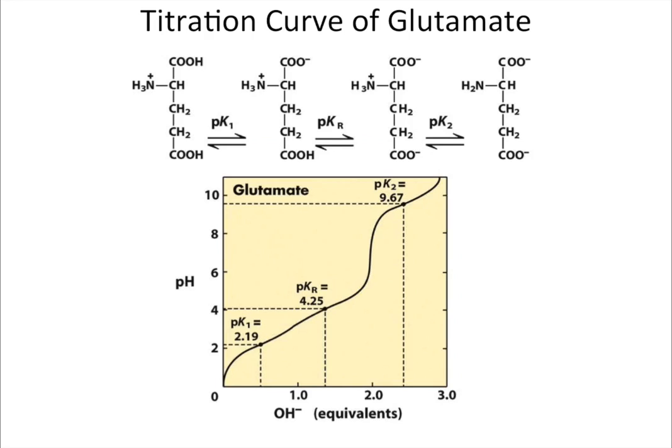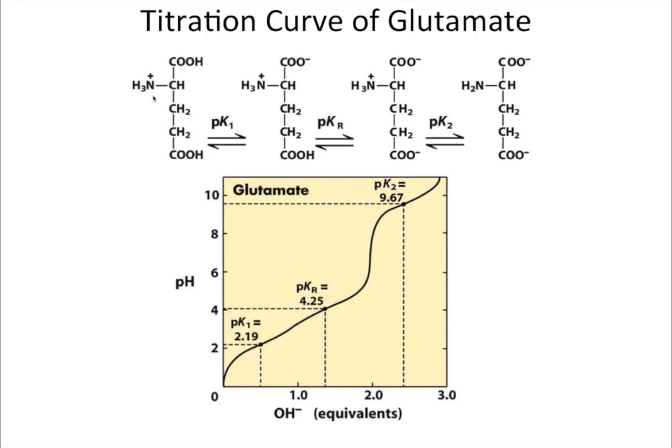So let's look at something a little bit more complicated, and this is glutamate. It's also called glutamic acid. You can see we have the typical amino group and carboxylic acid group here. Then we have the alpha carbon, and coming off of the alpha carbon we have the R group, so we have CH2, CH2, COOH. At low pH, this is the predominant form.